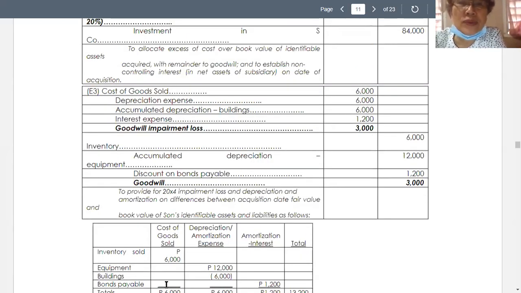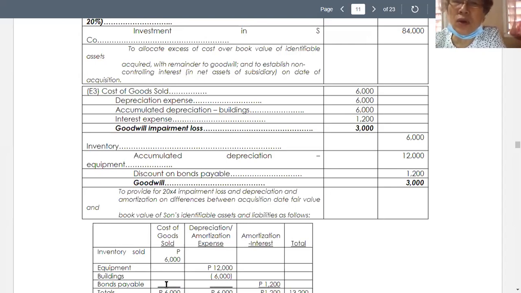for 6,000. Then we also debit depreciation expense for 6,000. Debit accumulated depreciation of the building because of overcharged depreciation, so we debit accumulated depreciation of the building 6,000. We also debit interest expense for 1,200.